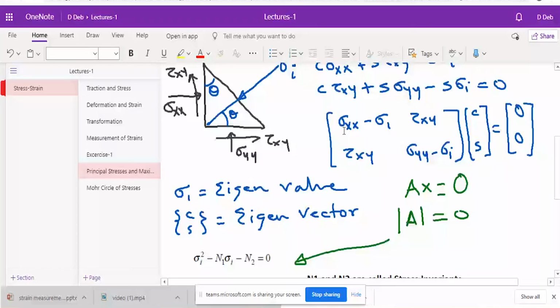That's why it will give you two values. So normally to calculate the principal stresses, we go by this method. This is a very prudent and right method of calculation of the principal stresses, both major and minor, as well as their direction. I hope it's clear to you how to calculate the principal stresses.